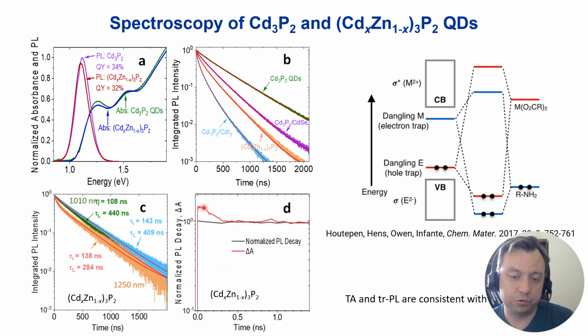We also turned to transient absorption spectroscopy and observed a loss of 30% of the excited state early, in the first 300 picoseconds, which in combination with time-resolved photoluminescence is consistent with 30% quantum yield.